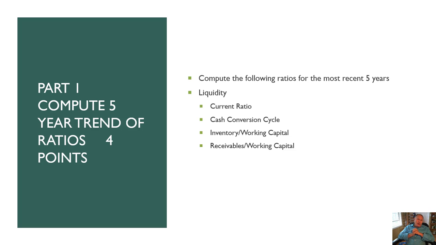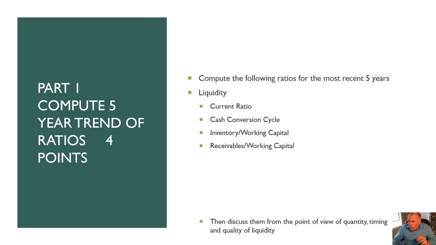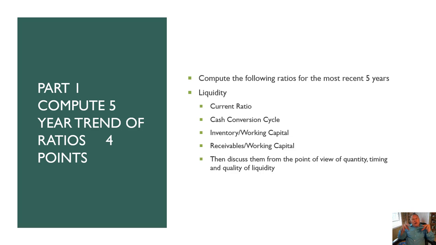If you can understand how the cash works when you're analyzing a company, whether you're working internally to a firm or externally evaluating it, the cash flow is critical. So we use the current ratio, the cash conversion cycle, inventory working capital, and receivables working capital.